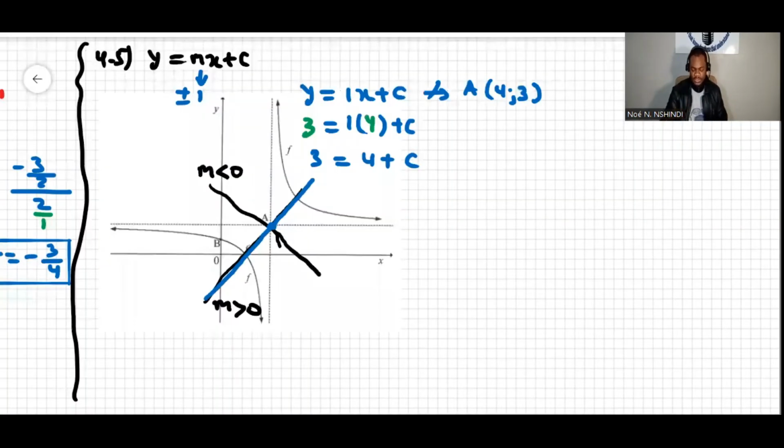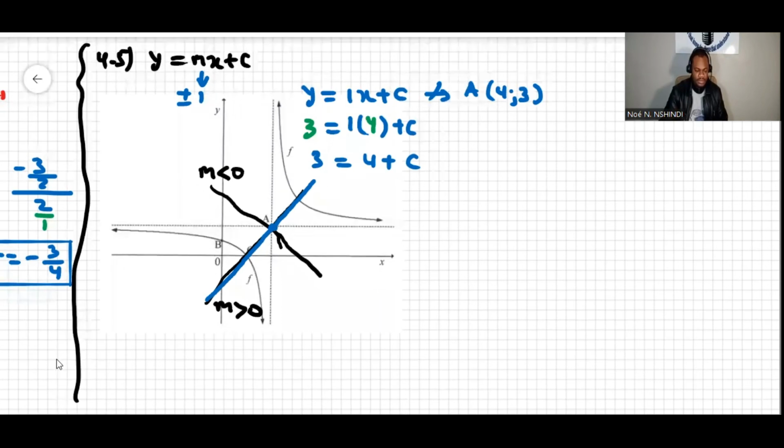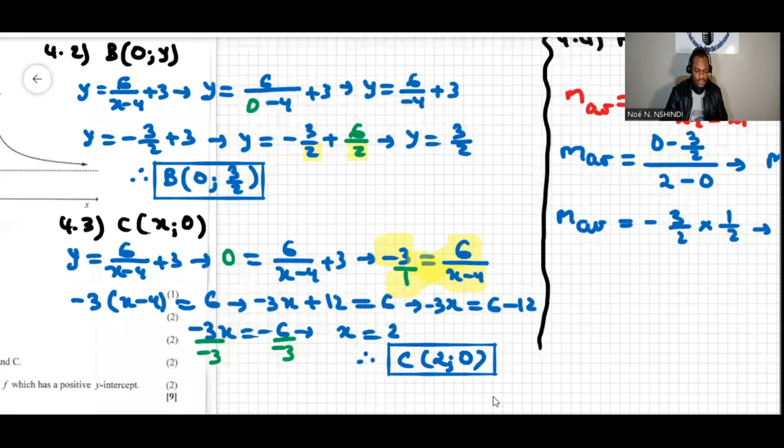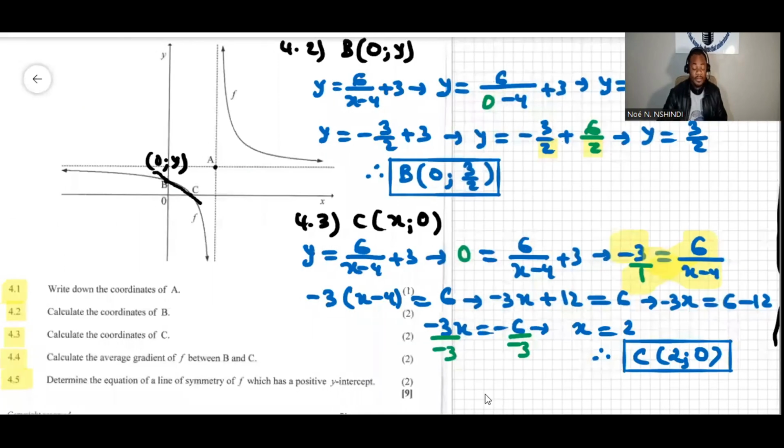Okay, hold on a second. What does the question say here? Oh, we were about to make a mistake. The question didn't say which has a positive gradient, but which has a positive y-intercept.